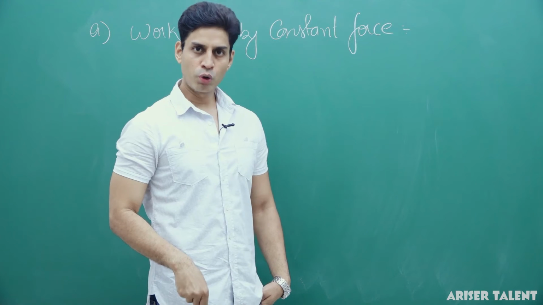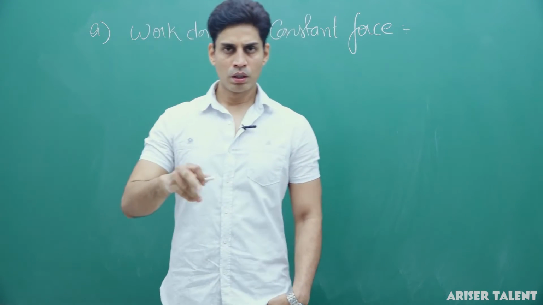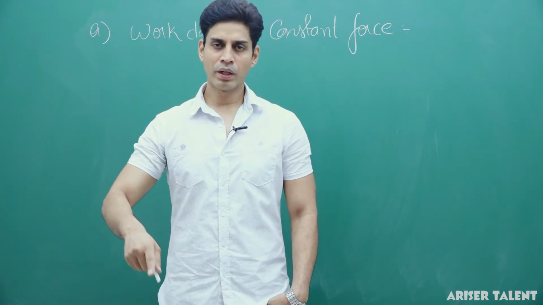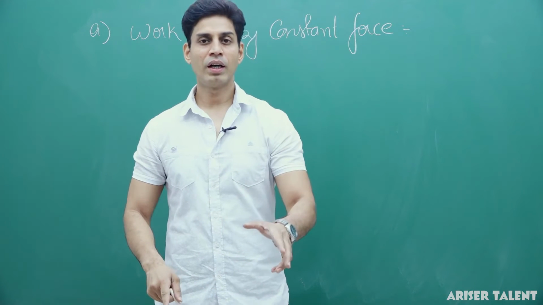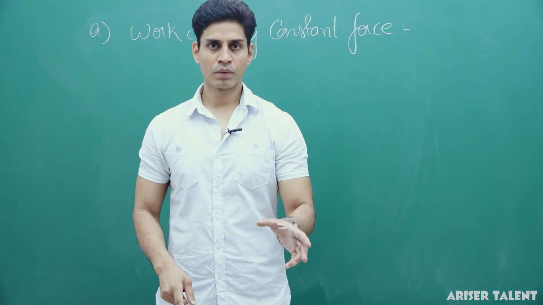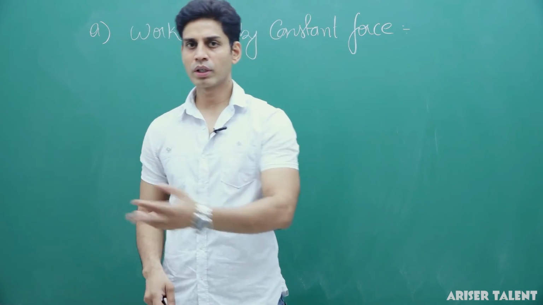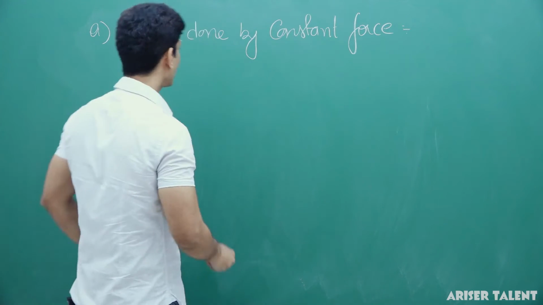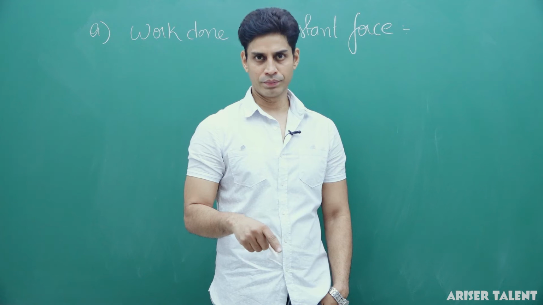In this type of questions, very simple questions will be given. Force will be given to you. You have to calculate the displacement and multiply force, displacement and also cos theta. You have to calculate the angle between force and displacement, multiply all, and you will get the answer along with the sign.